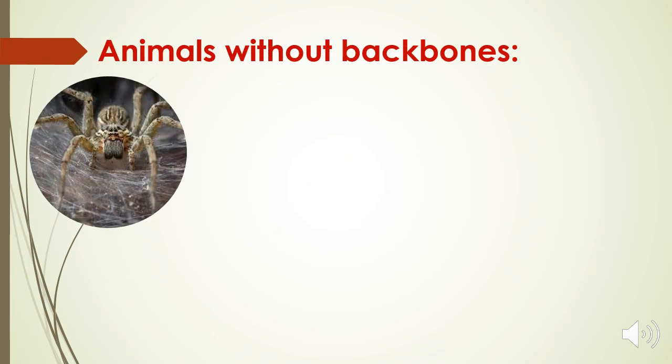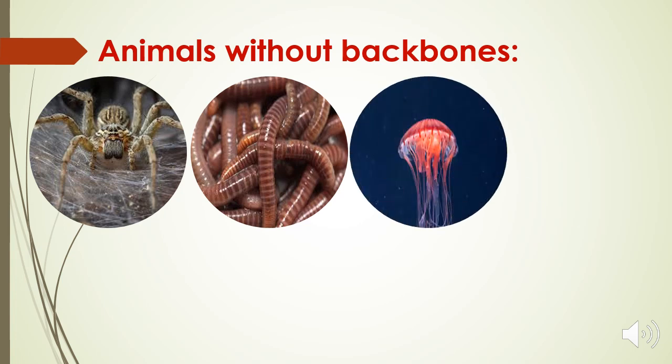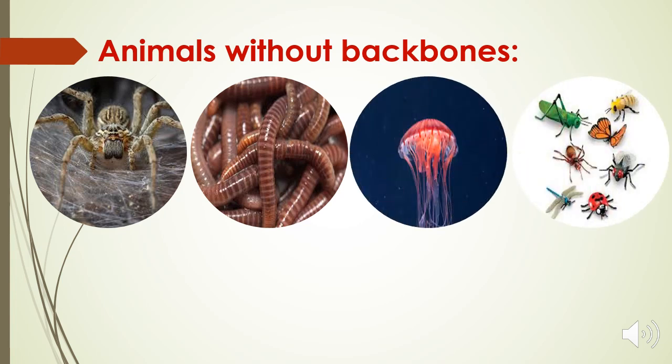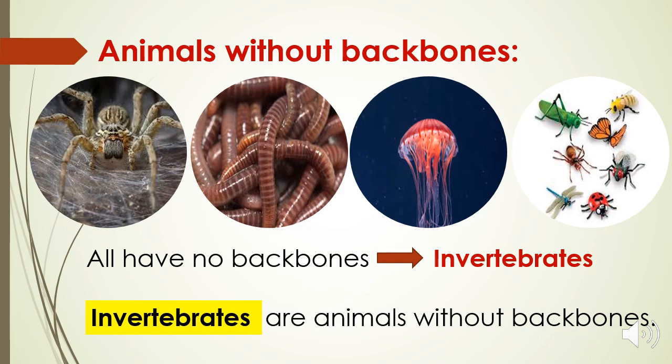Animals without backbones, like spider, worms, jellies, insects, all have no backbones, so we call them invertebrates. Invertebrates are animals without backbones.